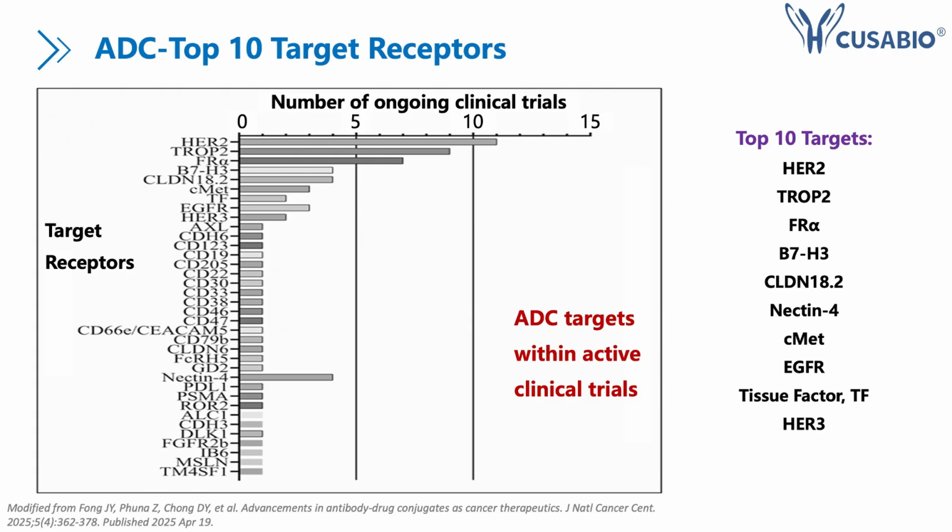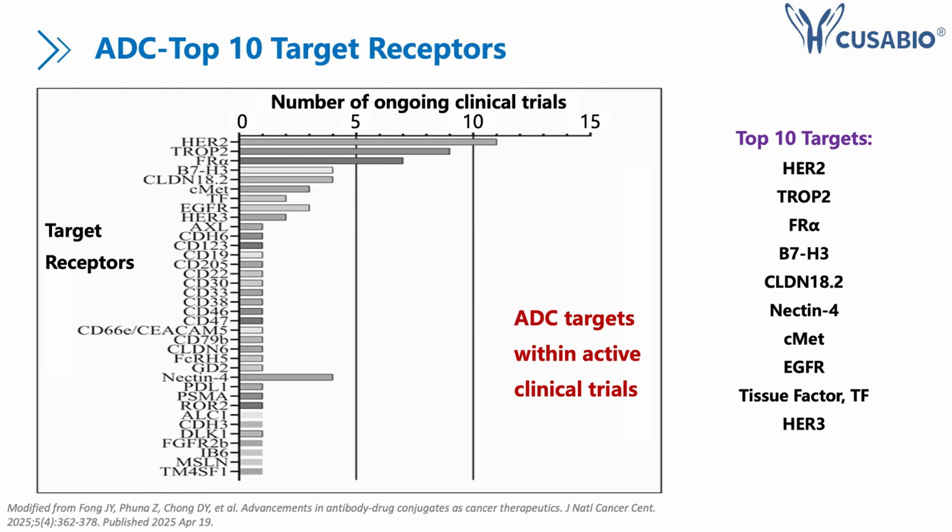You see some familiar targets like HER2, Nectin-4, c-MET, EGFR, HER3. We found that most companies right now focus on mature and validated targets.